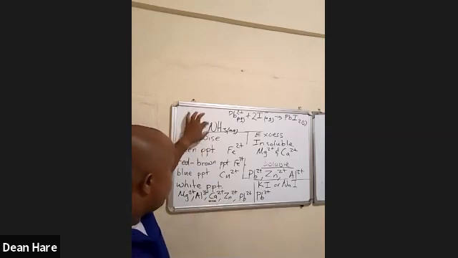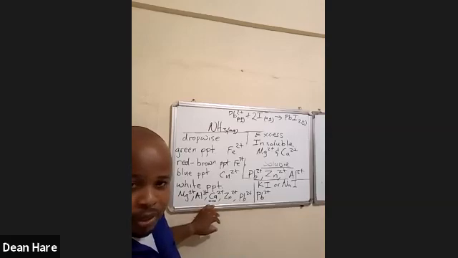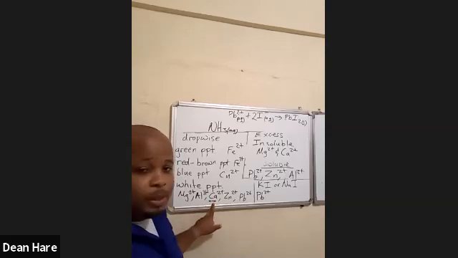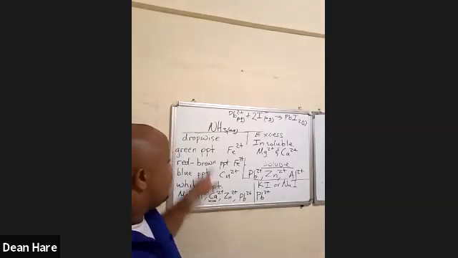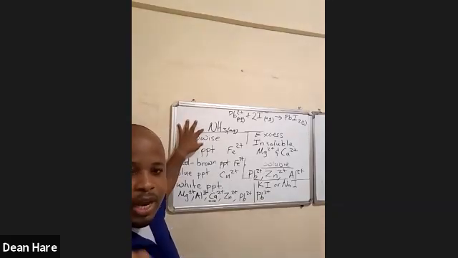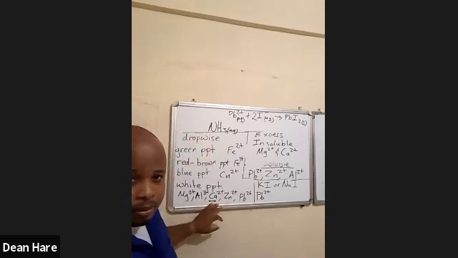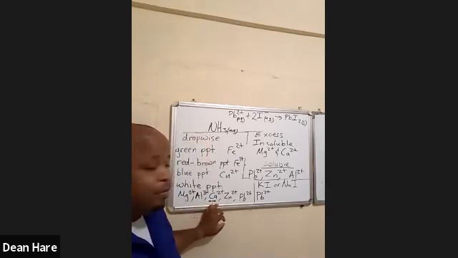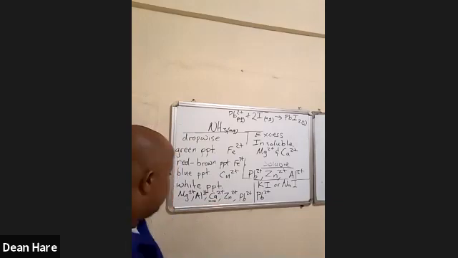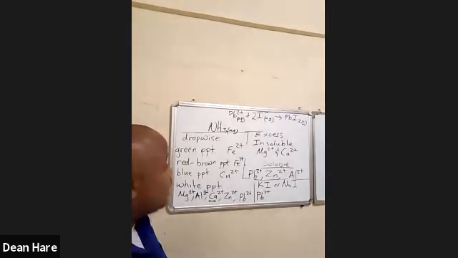So you add ammonia dropwise, you don't get any form of precipitate, the calcium ion is present. So make a note. If you add ammonia dropwise and you don't get any precipitate, then calcium is present. However, if you get a white precipitate, then it's magnesium, aluminum, zinc, or lead. So that is the difference.